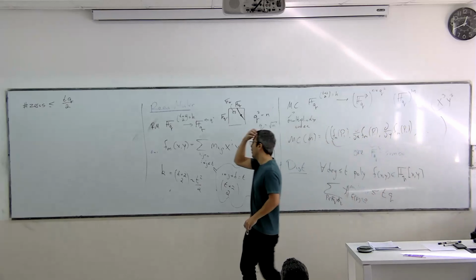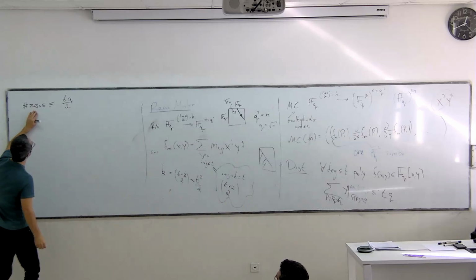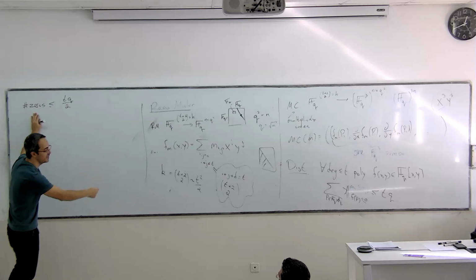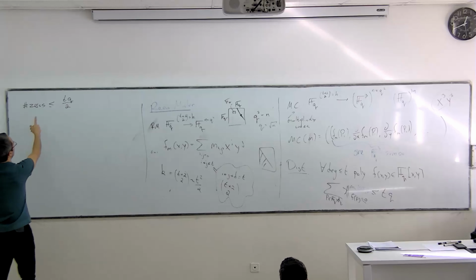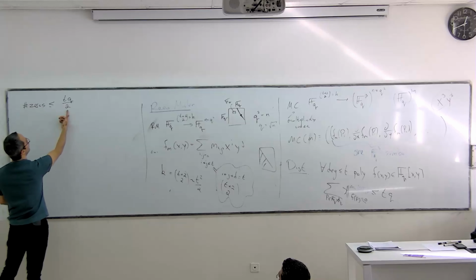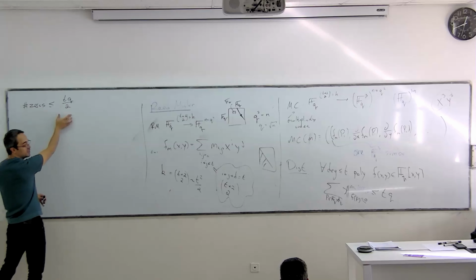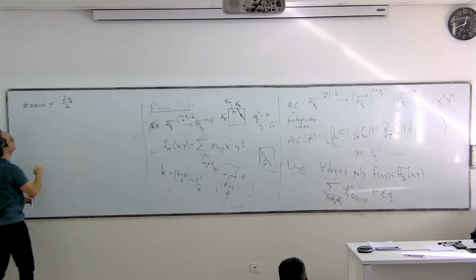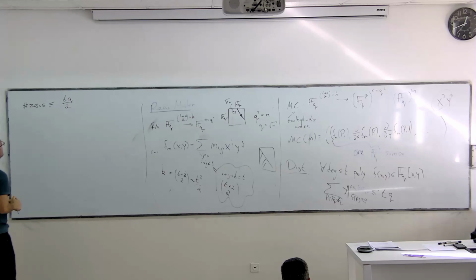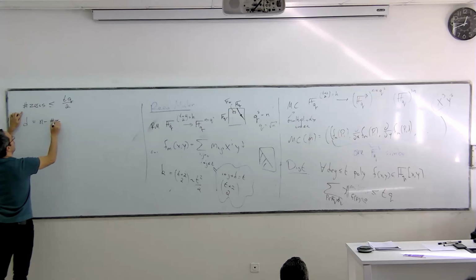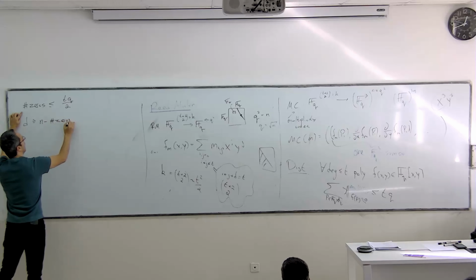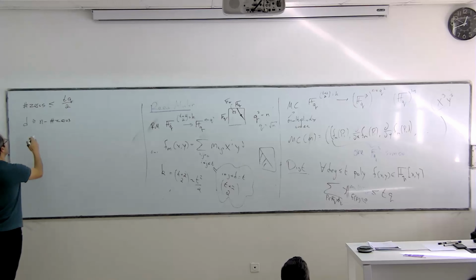Anyhow, any 0 symbol contributes 2 to this sum. Summing this number of 2s gives a bound. Good, and now it's just a matter of computing: the distance is n minus the number of zeros.